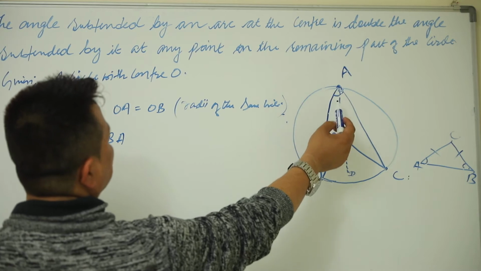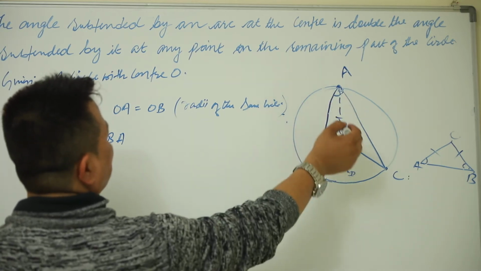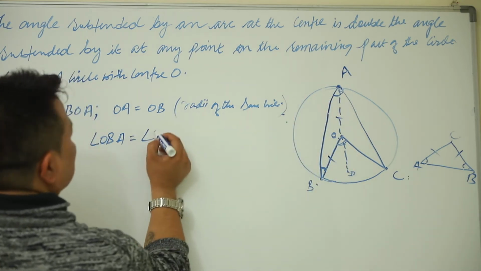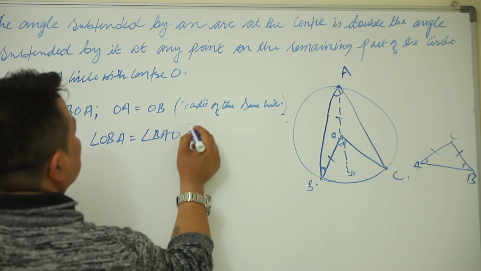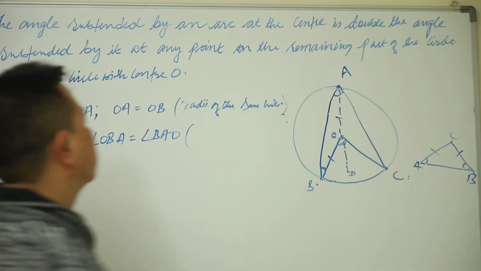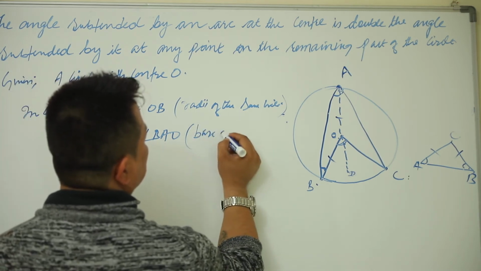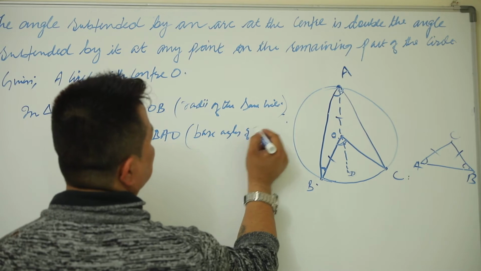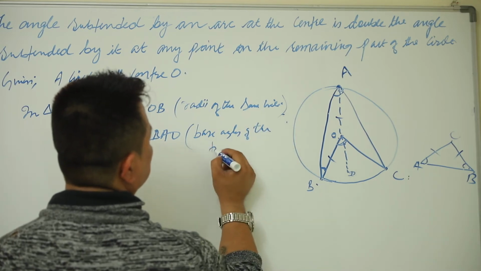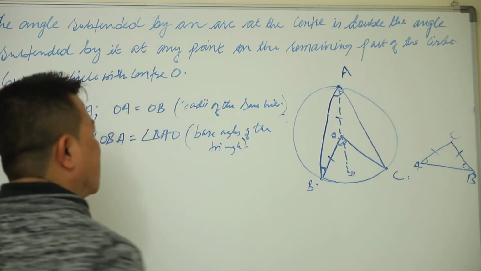What is the name of this angle? Angle BAO. What is the reason? Base angles of the triangle.